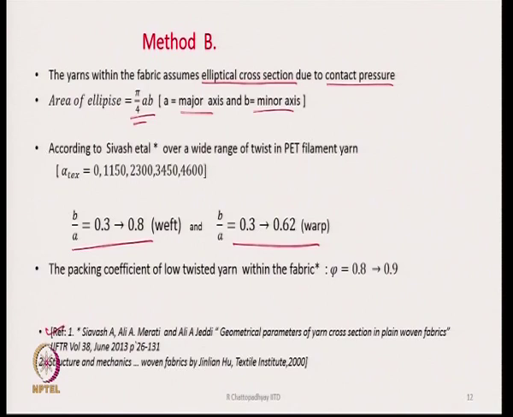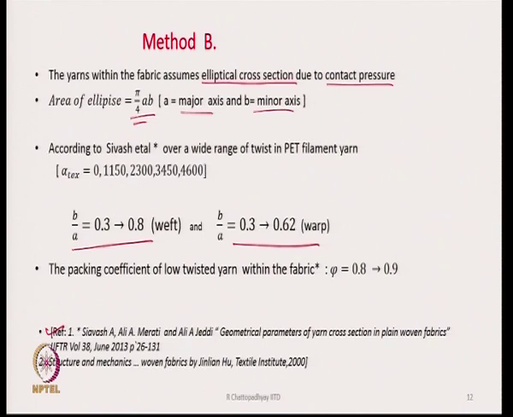Here they have taken filament yarns, twisted them to different levels, woven them with the same ends and picks per inch, and then they have cut the cross section of the fabric and measured both the minor and major axis.